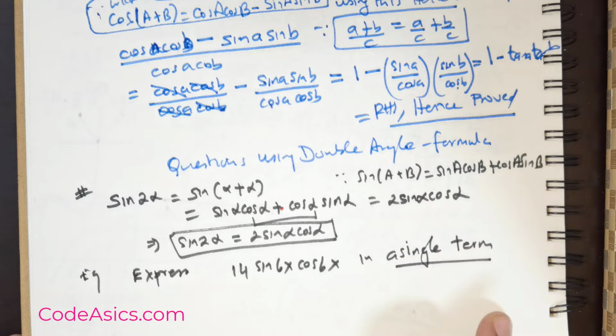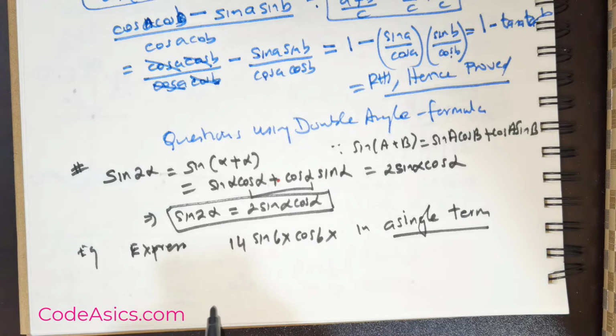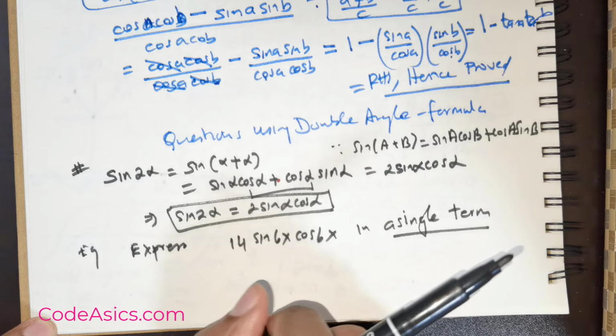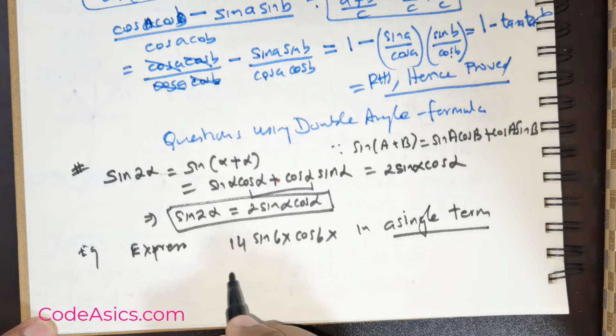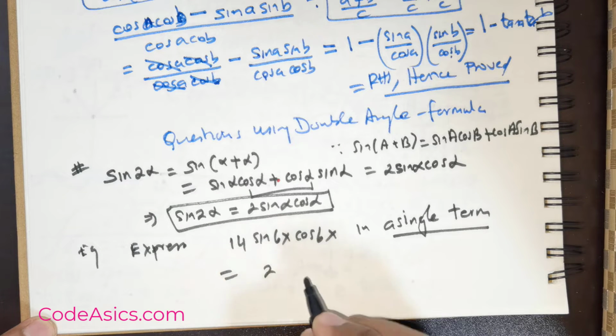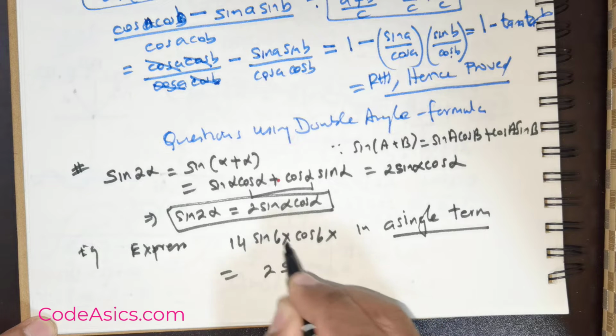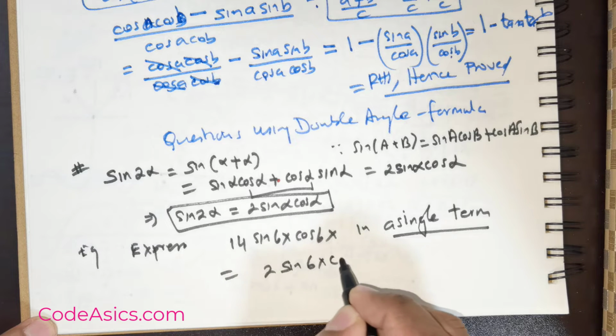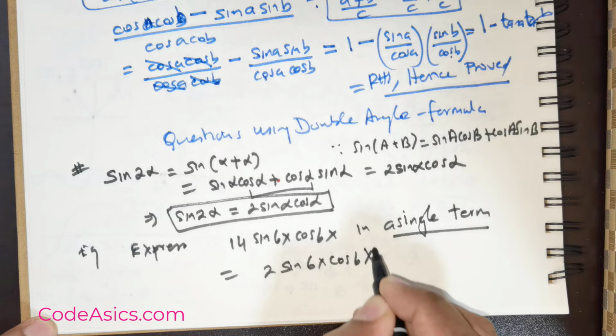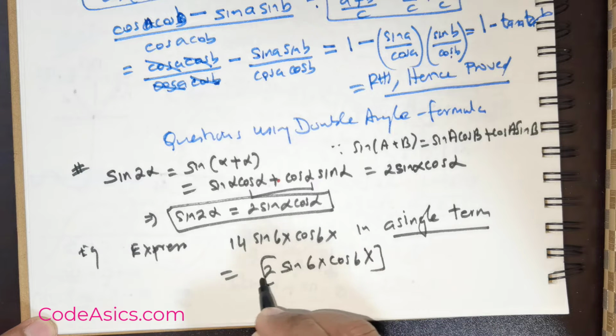So I would like to write it in this fashion: 2 should be there, sine 6x is there, and cos 6x is there. Since I've taken 2 inside, there should be a 7 there.